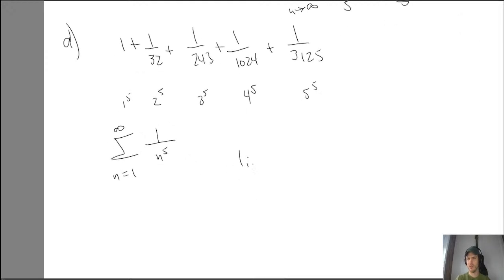So we can use the ratio test. This would be 1 over n plus 1 to the 5th divided by 1 over n to the 5th, which is equal to n to the 5th over n plus 1 to the 5th.